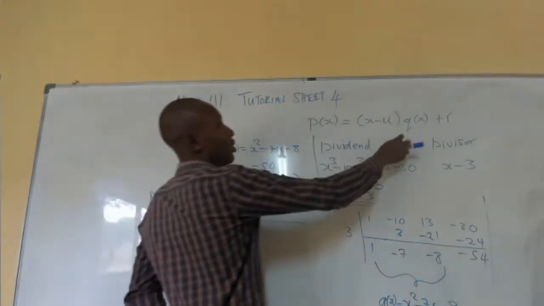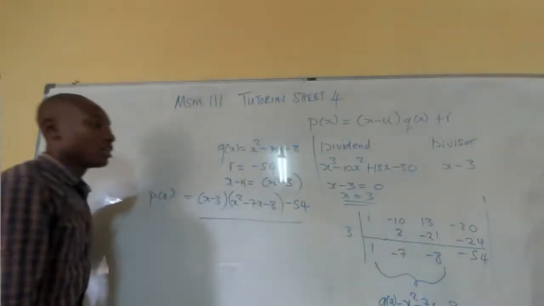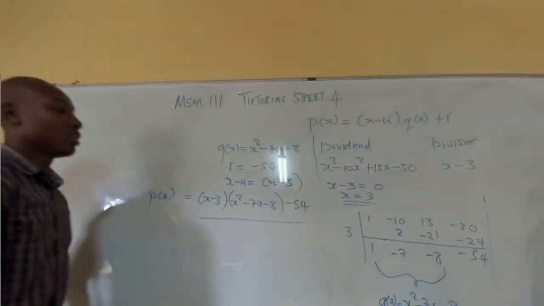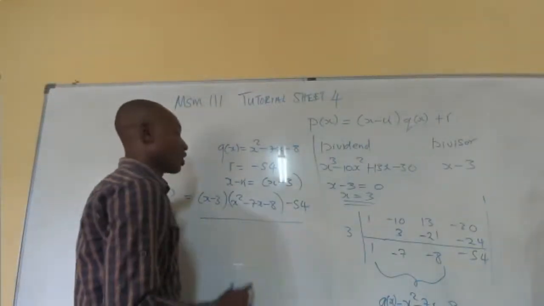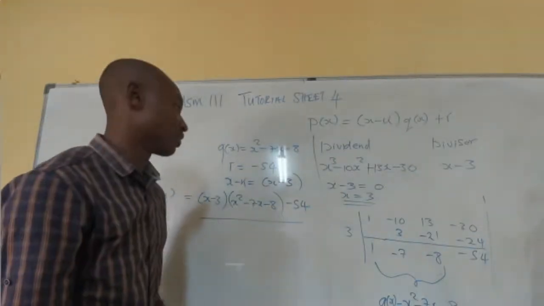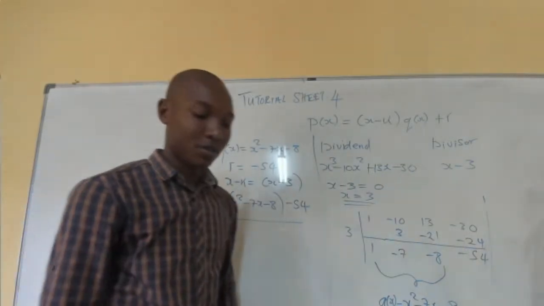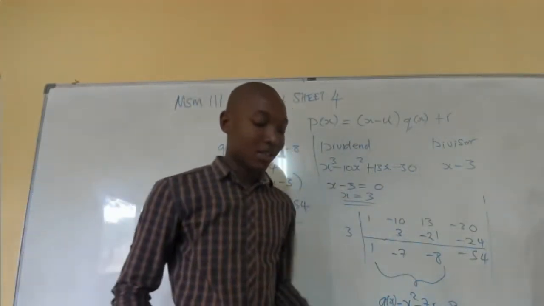So this is the qx, then we're actually saying plus r. Now do not make the mistake of saying minus 54, because after you multiply this, that's when you're subtracting the minus 54. So do not subtract negative 8 and minus 54. Okay, so that ends that question.